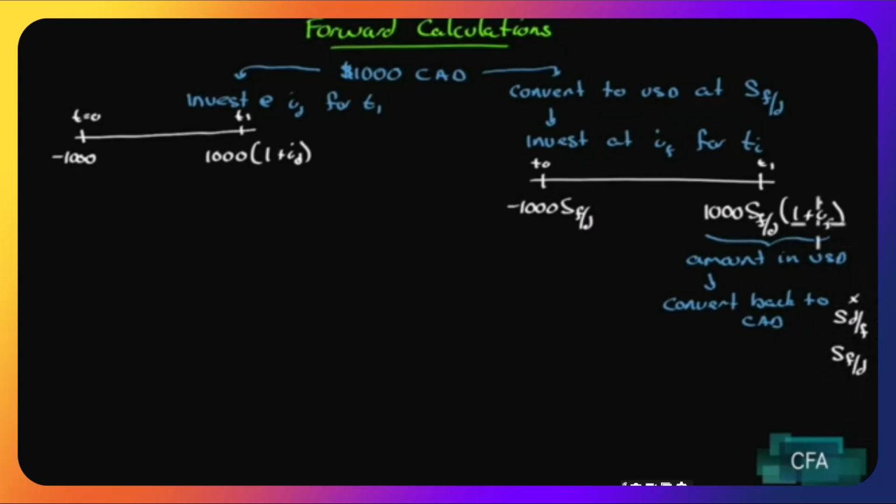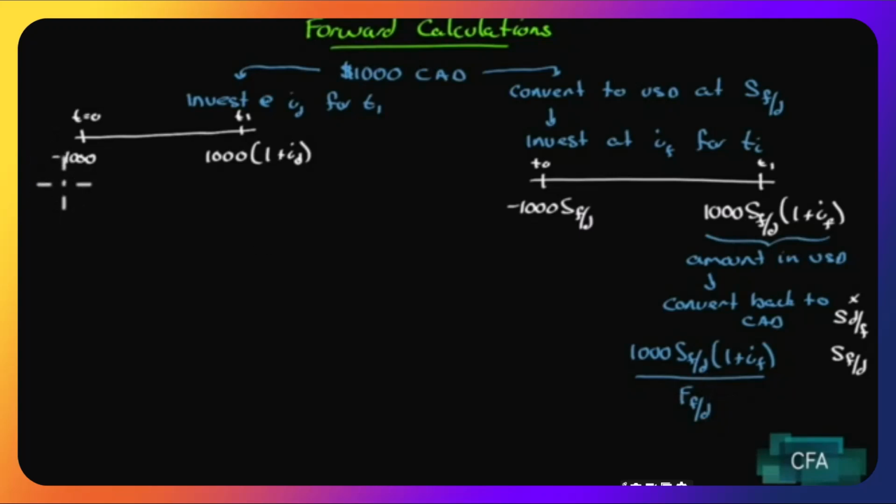But we want a direct forward rate, F over D. The same spot rate we used is the same forward rate we're going to use, so we can't multiply, we must divide, right? So let us take our 1,000 American dollars, 1 plus I to the F, and return those, F over D, at the forward rate. That will end up giving us Canadian dollars.